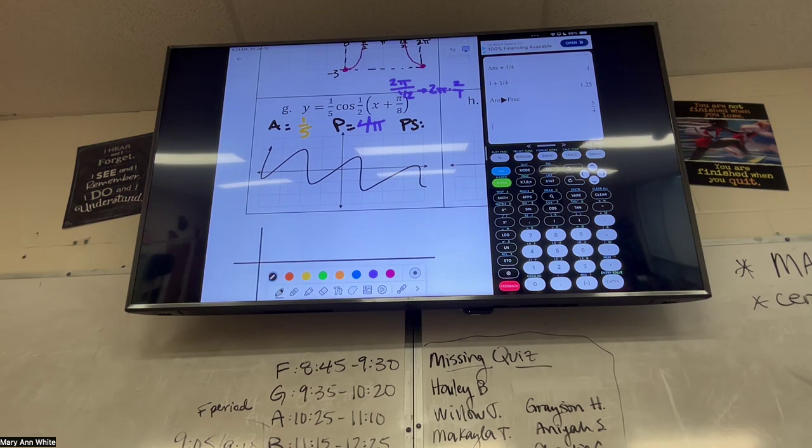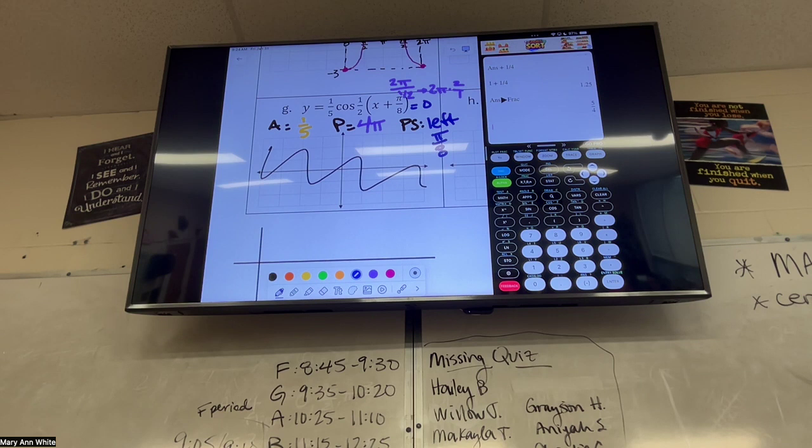You can set your x plus pi over 8 equal to 0. Or you can just know I'm going to have to subtract that pi over 8 from both sides. So am I going to go right or left? And how much? Good. We're going to go left pi over 8. Okay.